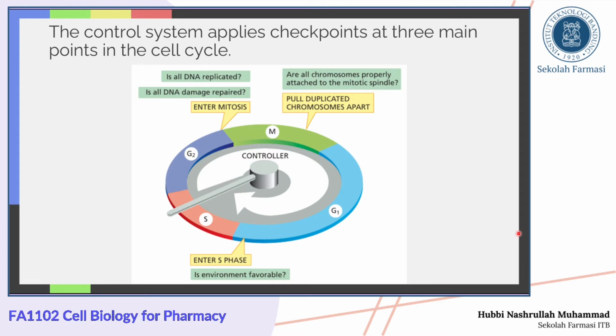There are three main points at which the control system processes information it receives from the feedback system and either provides signals for the cell to continue to the next phase or applies molecular brakes to stop the cell cycle temporarily or even permanently. These brakes are termed checkpoints and mainly occur at 3 points: at the transition between G1 and S, at the transition between G2 and M, and during mitosis. So let's discuss each of these checkpoints in a bit more detail.